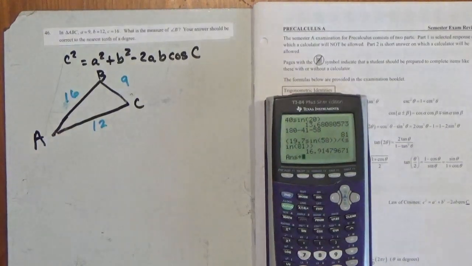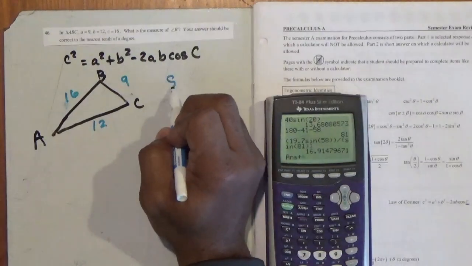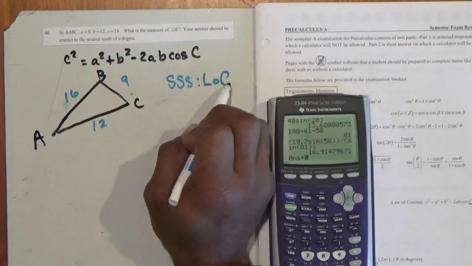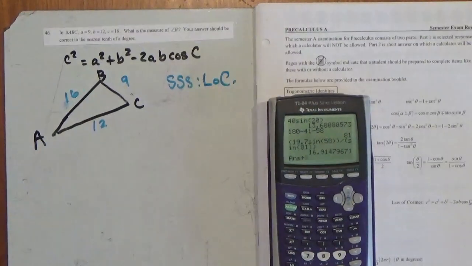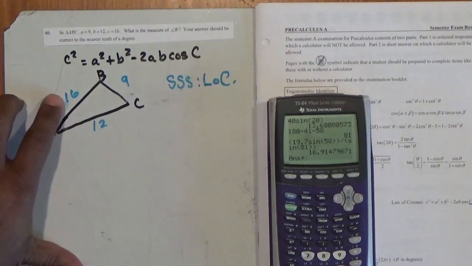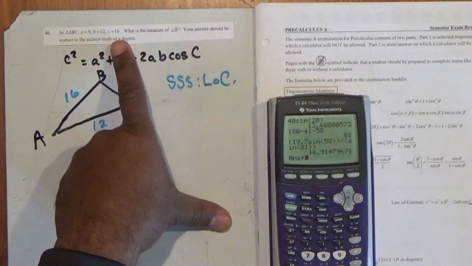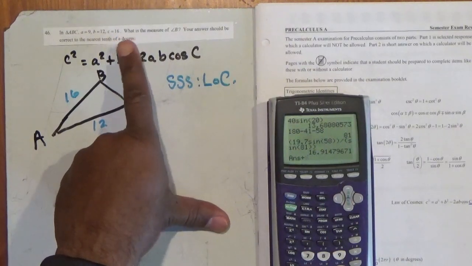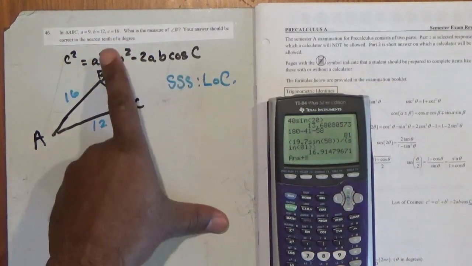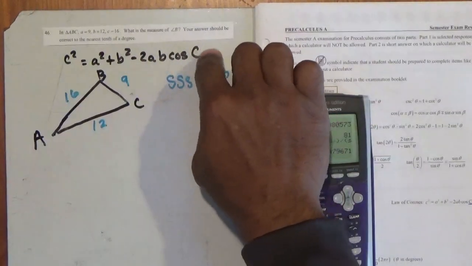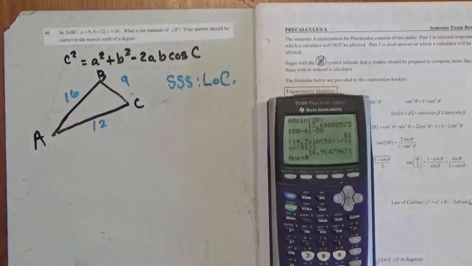It doesn't have to be to scale, but we see that we have side, side, side, and when we have side, side, side, we're going to use the law of cosines. So what we want to do with that equation is change it around to use the angle that we are looking for. In this case, we're looking for angle C. I'm sorry, angle B. And since we're looking for angle B, in this case we would use angle C.